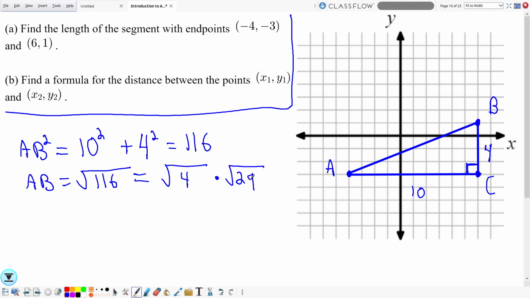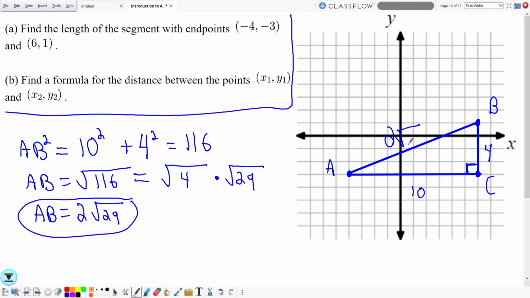It's a prime number, but that square root of 4, I can most certainly break down. AB is equal to, square root of 4 is just 2, and then we have the leftover square root of 29. So that is the length of AB. 2 square root 29. Very cool. Okay, so that answers part A. The length of the segment with the endpoints -4, -3, and 6, 1 is 2 times the square root of 29. Very cool. And we use the Pythagorean theorem to do that.